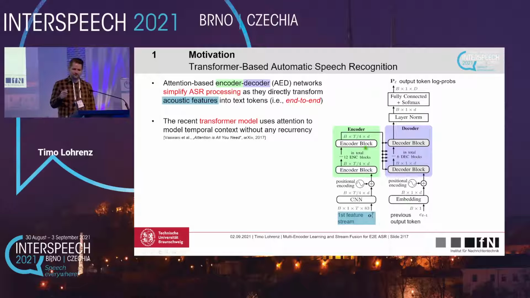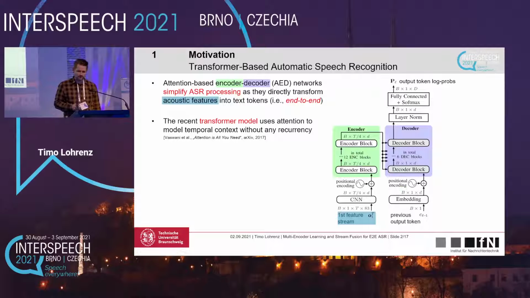Okay. So yeah, the transformer model, we use it in a non-streaming fashion. So compared to the previous talk here, we use the whole feature sequence at the input of the encoder, use some CNN pre-layers, and then we have an encoder that is made up of, in total, 12 encoder blocks.